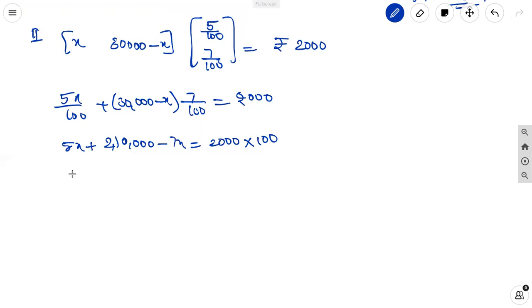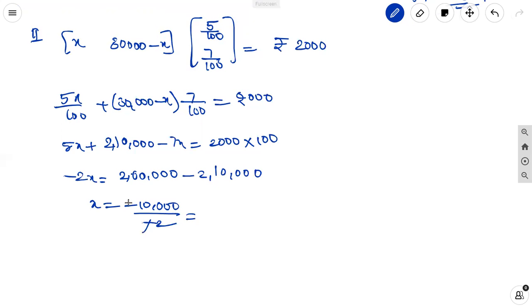LCM and cross multiply. Minus 2x is equal to 2 lakh minus 2 lakh 10,000. x equal to minus 10,000 by minus 2, minus minus cancel, x equal to 5,000. And 30,000 minus x equal to 30,000 minus 5,000 equal to 25,000.